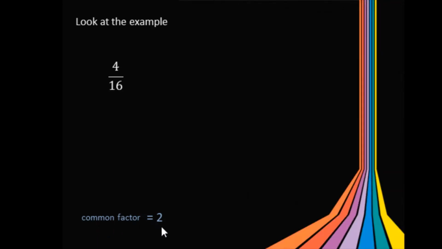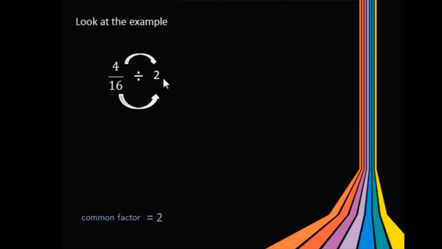So we divide now. 4 divided by 2 and 16 divided by 2. 4 divided by 2 is equal to 2, and 4 divided by 2 and also 16 divided by 2.